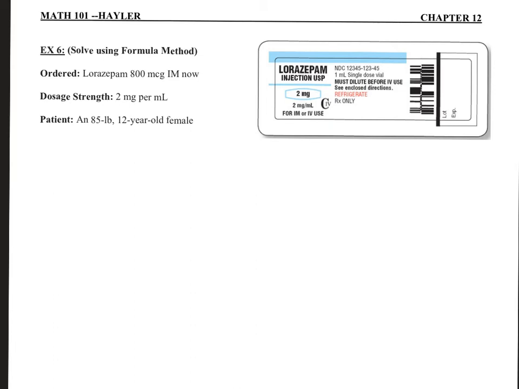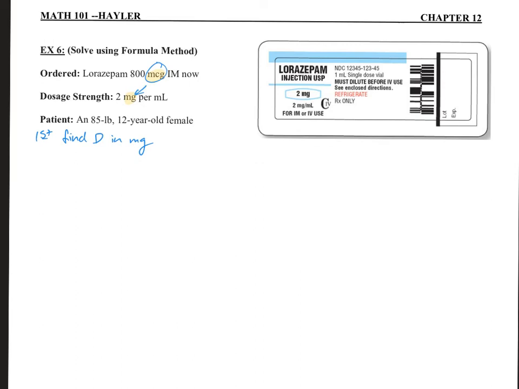All right, so first things first. The dose on hand is in milligrams and the order is in micrograms. So those are not set up correctly yet, which means we need to find the desired dose in milligrams. So first step, we need to find D in milligrams, which means going from micrograms to milligrams.